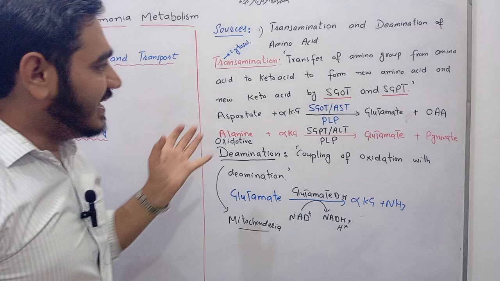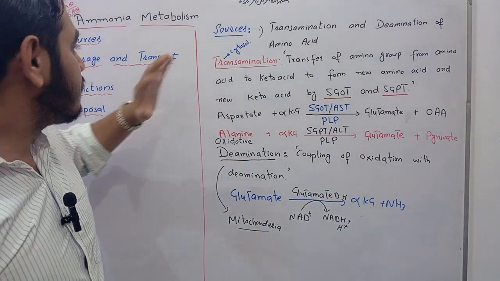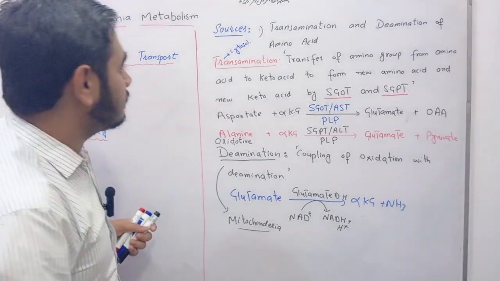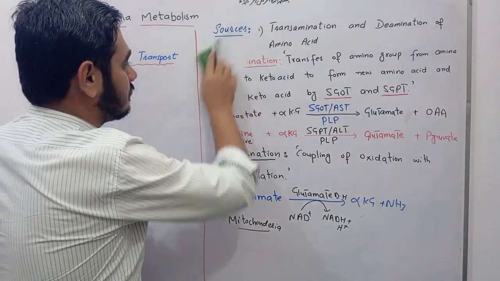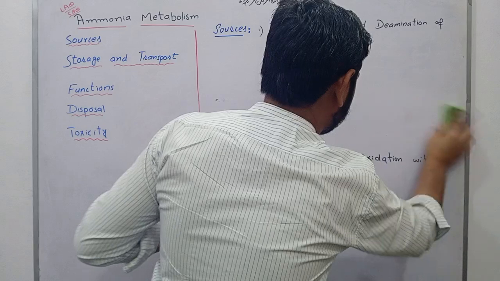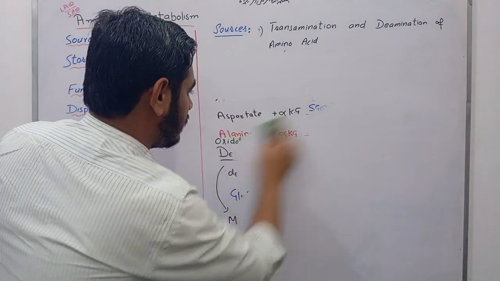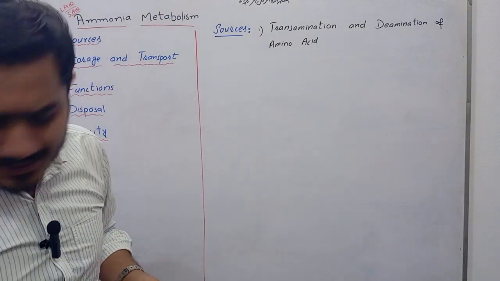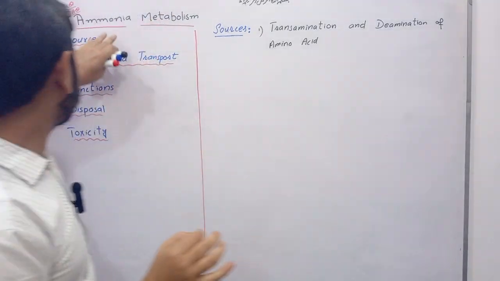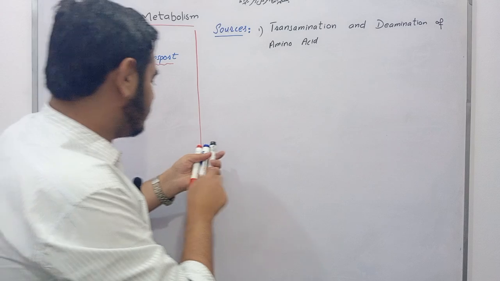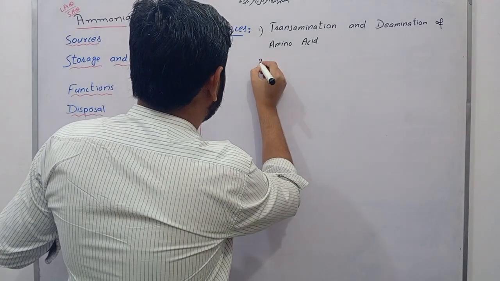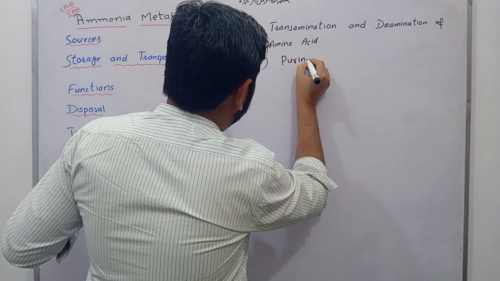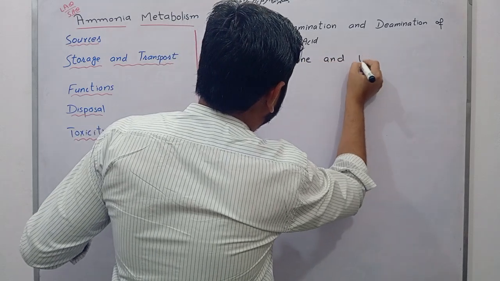Now coming toward the another sources of the ammonia. The another source for the ammonia is purine and pyrimidine.